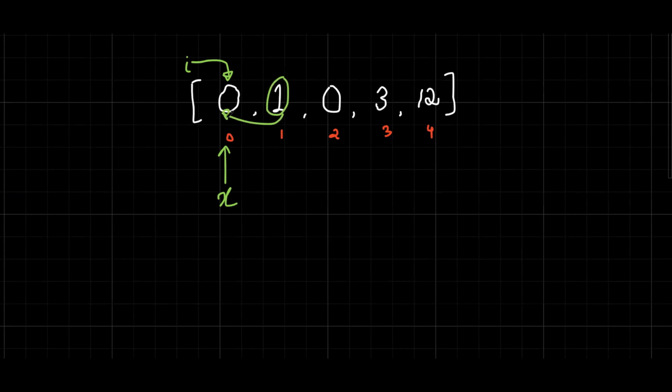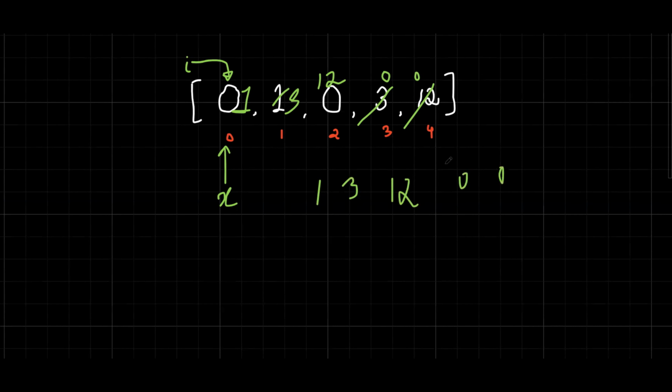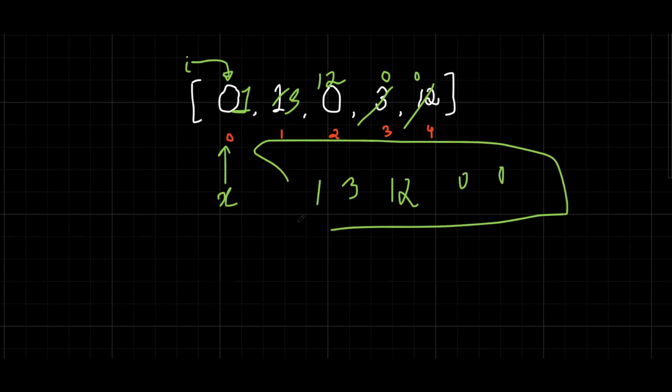So the algorithm is, we're going to move the non-zero elements to the first positions. Suppose we move this 1 here, this 3 here, this 12 here, then if we make the remaining elements 0 and 0, the array will become 1, 3, 12, 0 and 0. So this is the desired output.